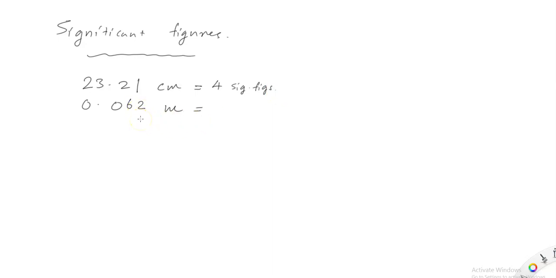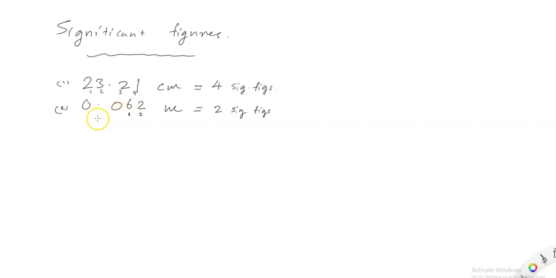Now this is the rule of significant figures. We do not count the zeros in the beginning, right? These are just placeholders. If there are no actual numbers in front, we start from the first point where we see a number, which is 6. So in this case, here we have 1, here we have 2. We have 2 sig figs. In the first case, example 1, we have 1, 2, 3, 4 significant figures.